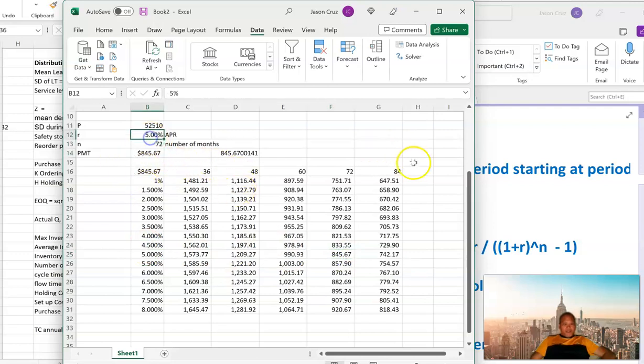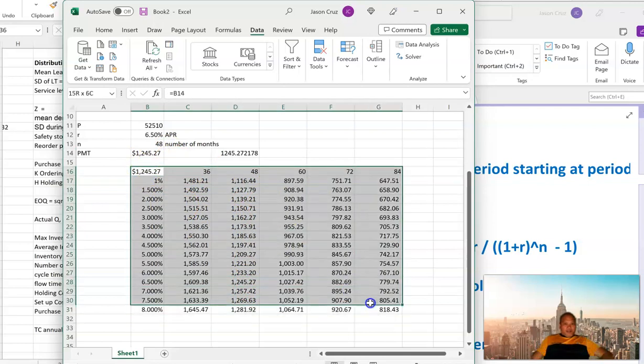Suppose you want 6.5% and 48 months. 6.5% and 48 is going to be this. See that, 1245.